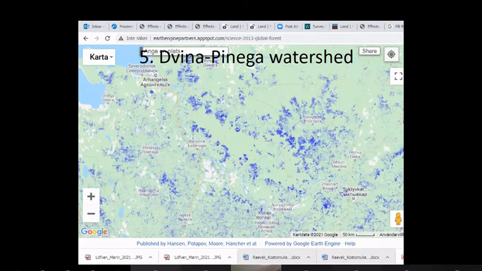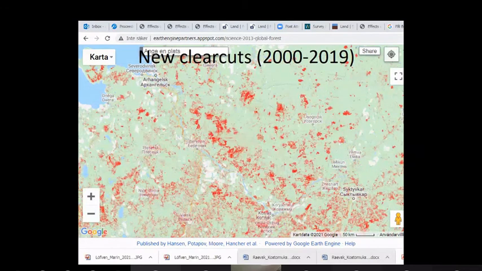The intensity has increased, but there is a core area which actually was set aside. And this is an interesting example of how NGOs, forest companies, and also the regional government has been successful in creating a large regionally protected area. Maybe it's not the most productive and most interesting from a biodiversity point of view, but it still is a large protected area that has been created.